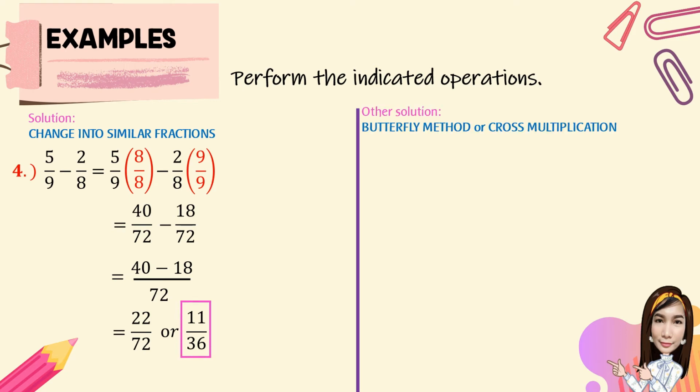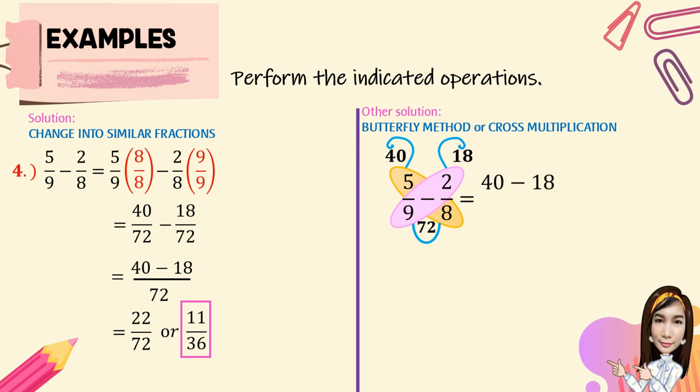For the other solution, we can use the butterfly method or cross multiplication. Given 5 over 9 minus 2 over 8, we can cross multiply. 5 times 8 is equal to 40. Cross multiply, 9 times 2 is equal to 18. Then multiply denominators, 9 times 8 is equal to 72.